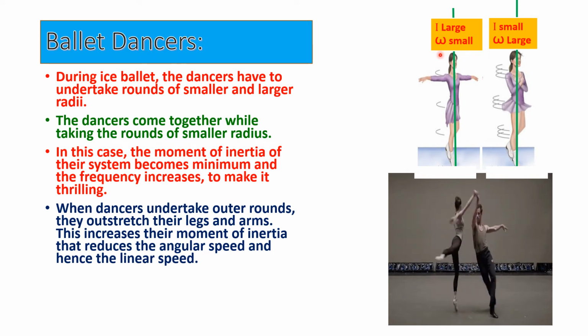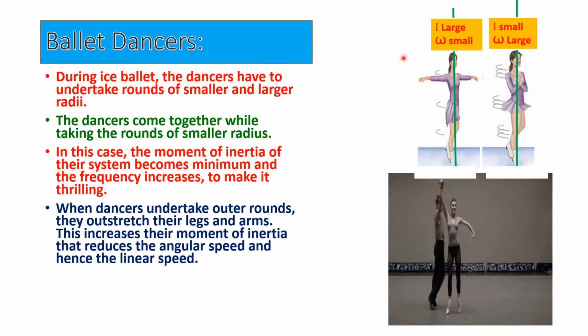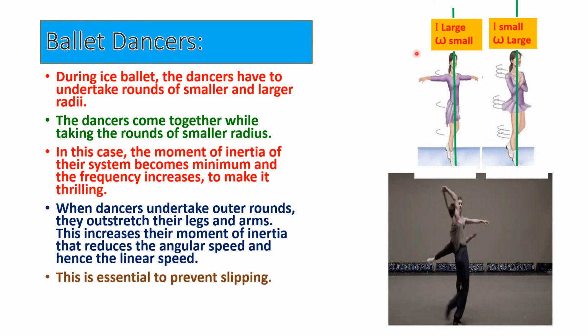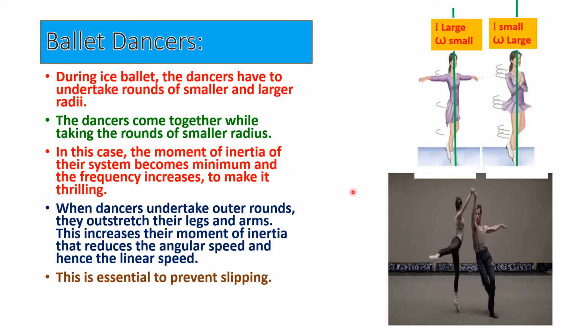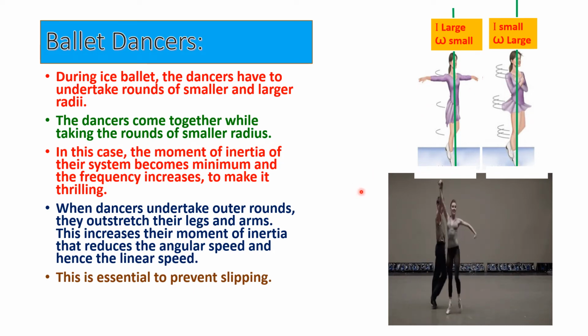Hence, the frequency of revolution also decreases, which prevents them from slipping. In each position, they have an angular momentum so that the total angular momentum of the system remains constant.